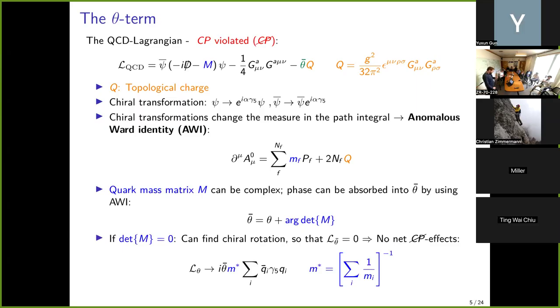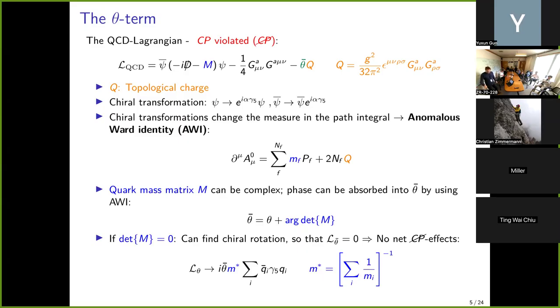On the other hand, this anomalous Ward identity tells us that we can always find a chiral rotation so that the theta-Lagrangian takes this form, where M star is, I don't know if it has a name, just this combination of all the quark matrices basically.